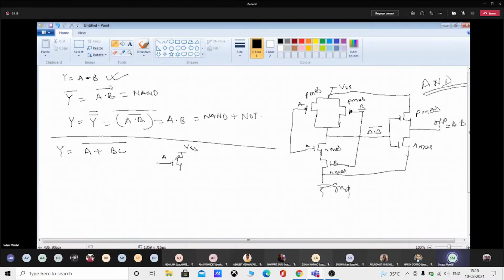Now we will adjust this expression. Now A will be in series with BC. BC is in parallel. So series means we will take it like this.